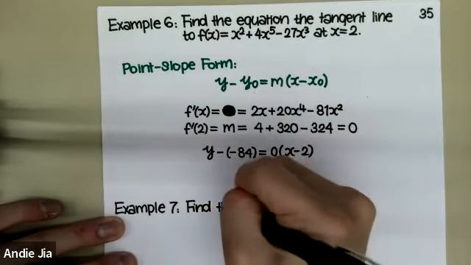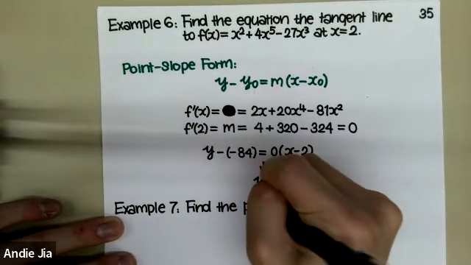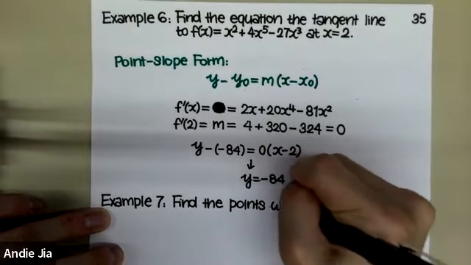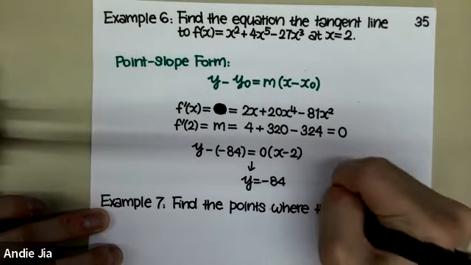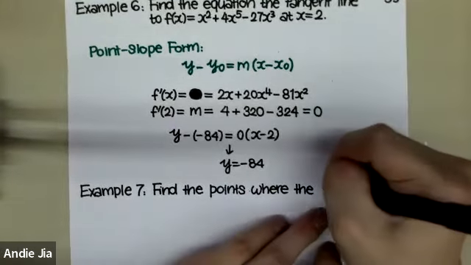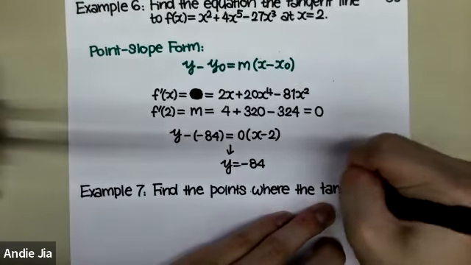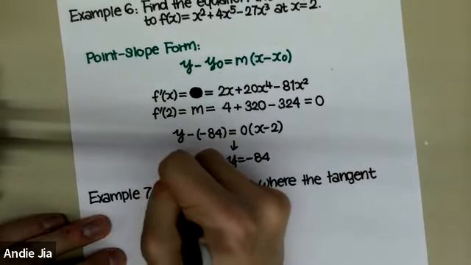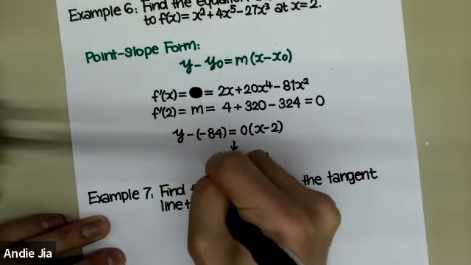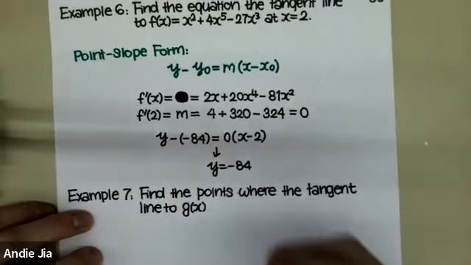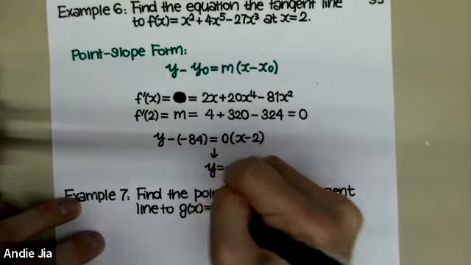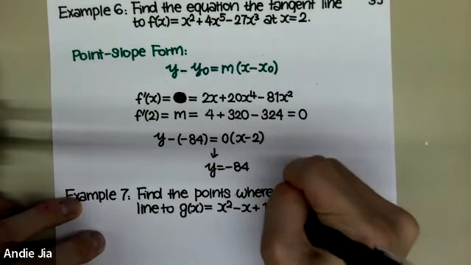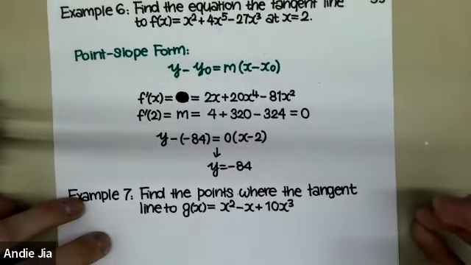Find the point where the tangent line to g of x equals x squared minus x plus 10x cubed is horizontal.